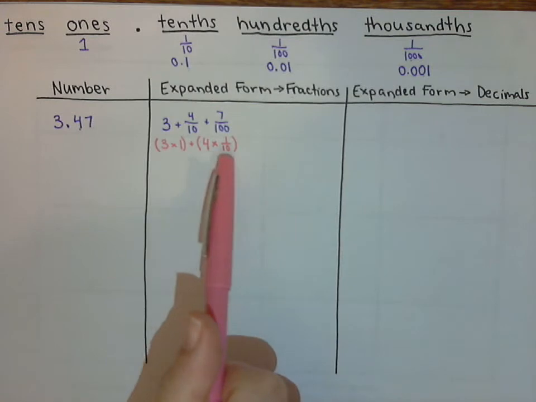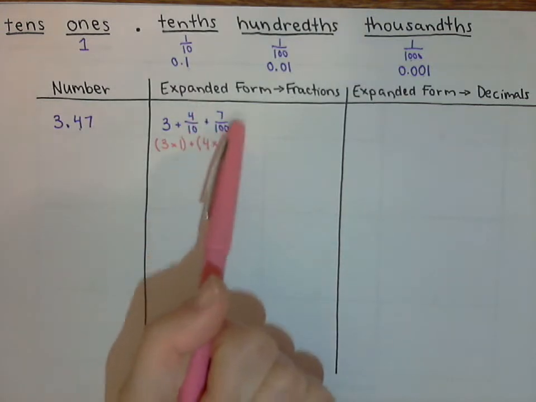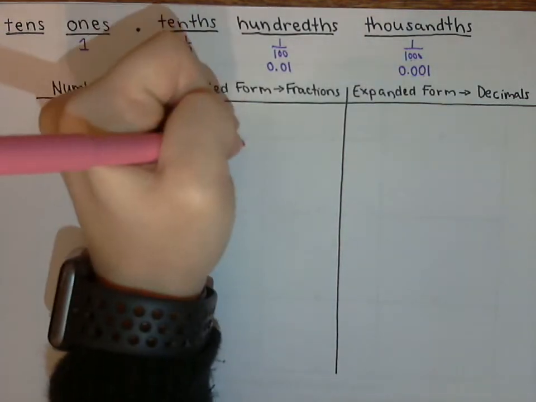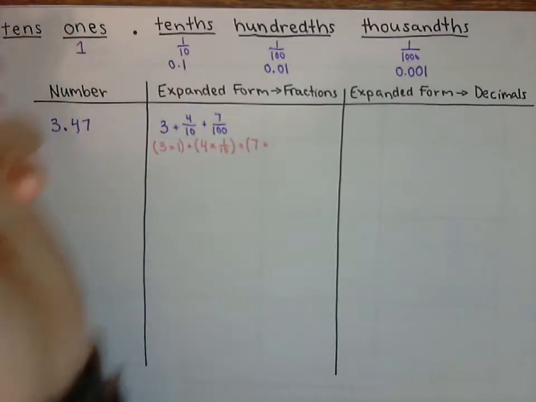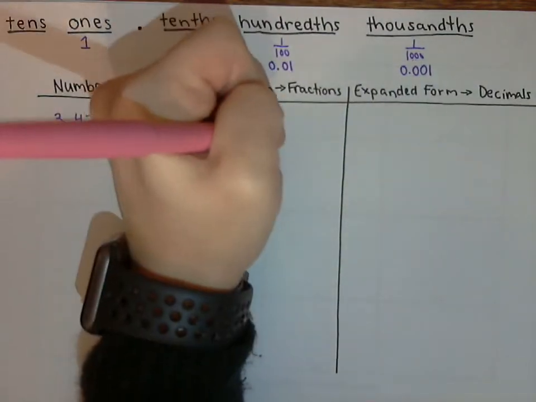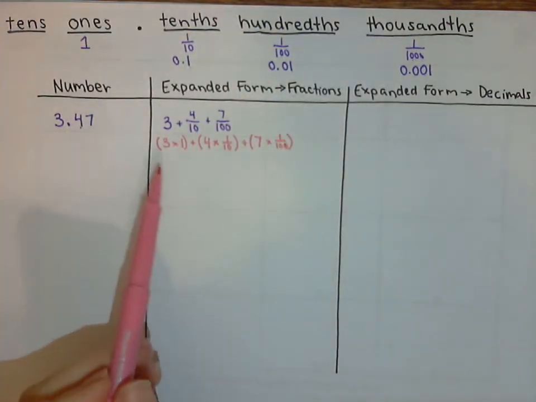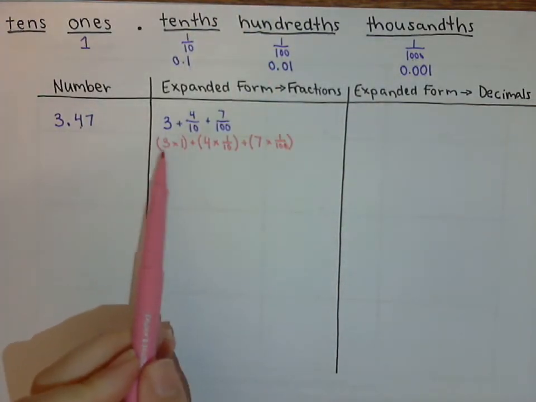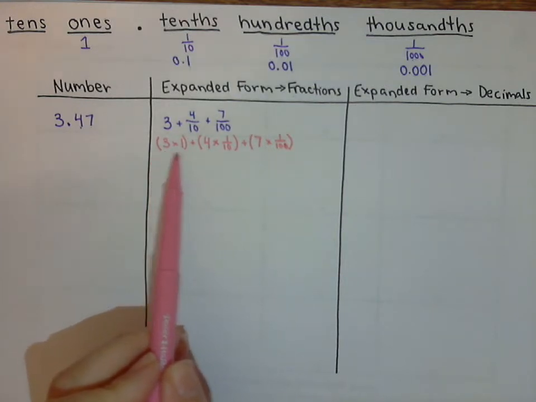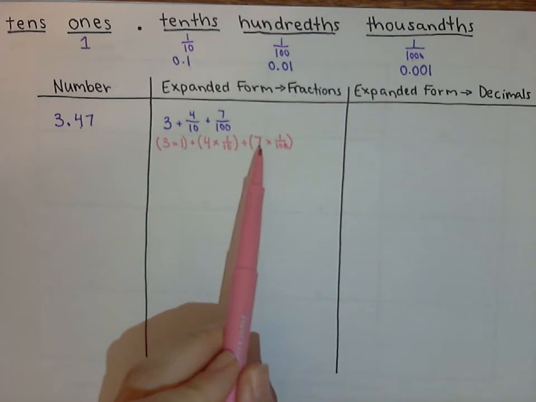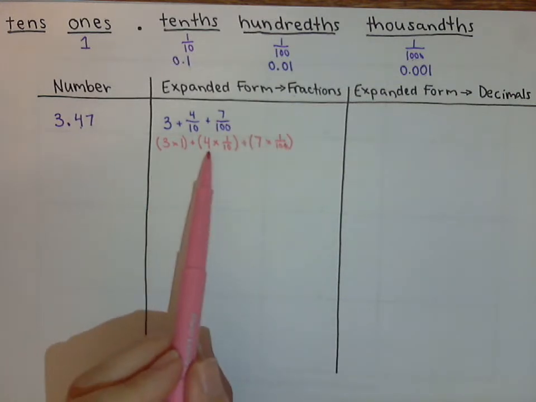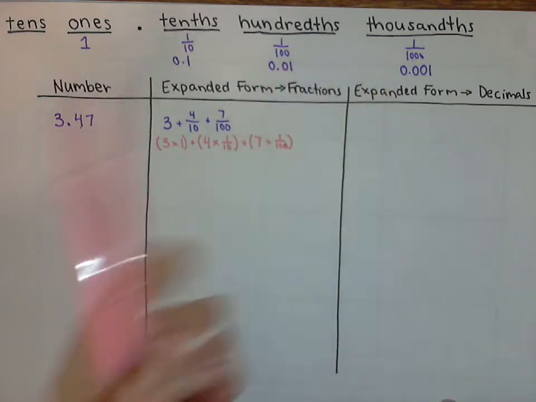So 4 times 1/10 is 4/10. And then what would this one be? Well, I have 7/100. So I have 7 times 1/100. And so I could write 3 47/100 using expanded form that includes multiplication, so I can see what I would be multiplying by each place value.